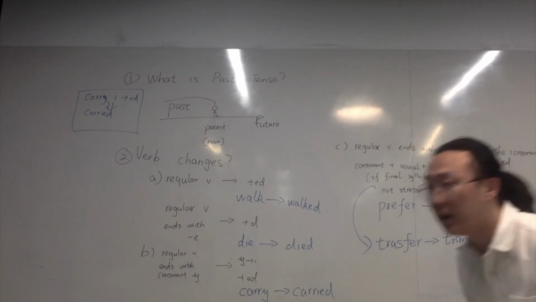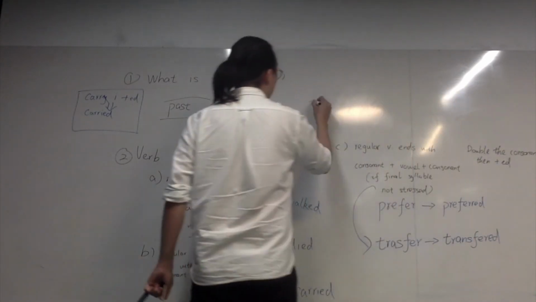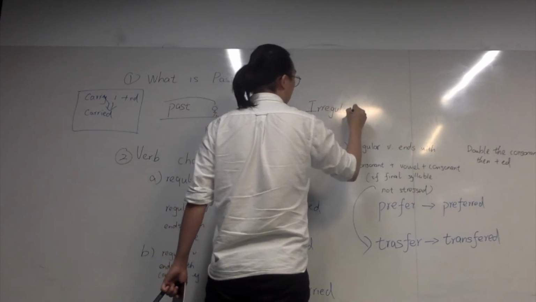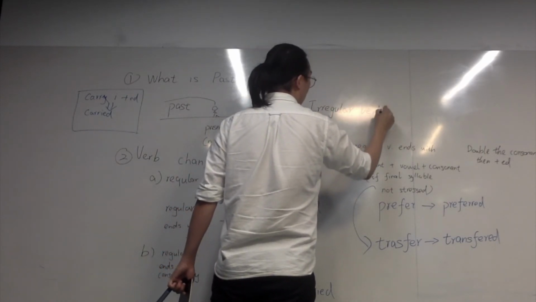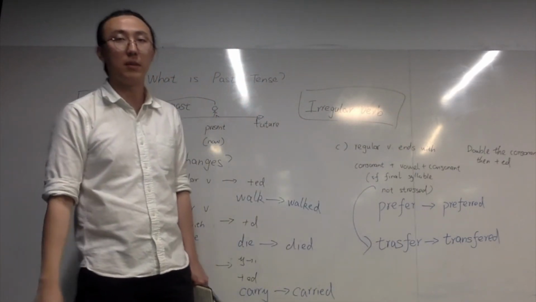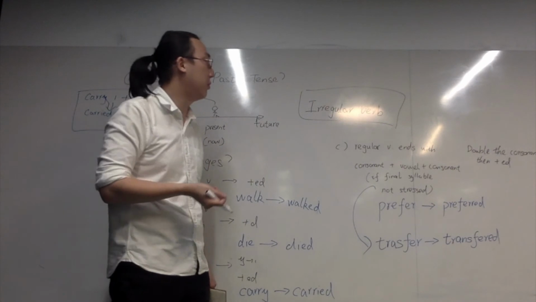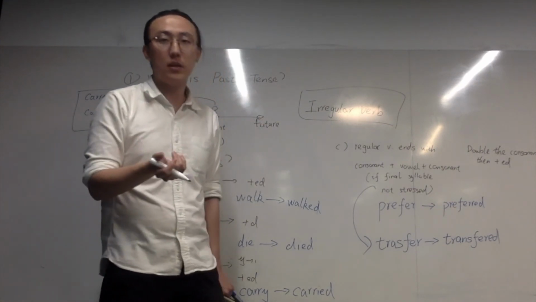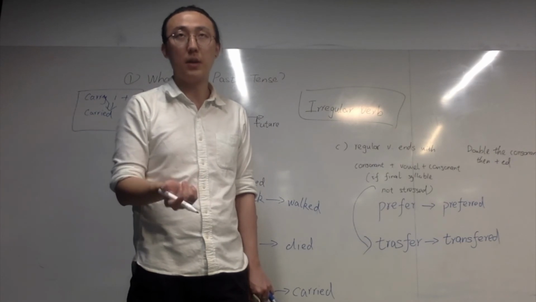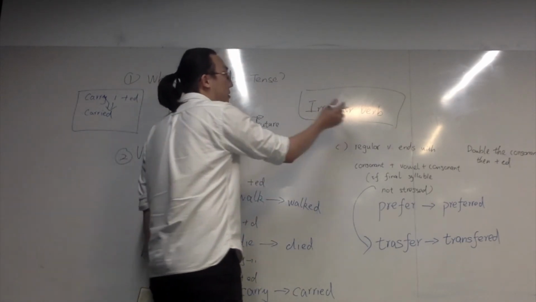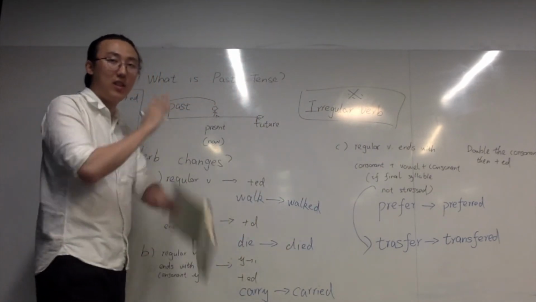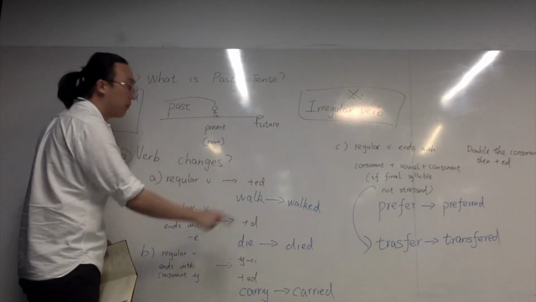It's called irregular verbs. Now, what does irregular mean? It means you can't follow the rule. So have a look at the table of irregular verbs that I gave to you at the beginning of the class. For those irregular verbs, you cannot use all of those rules.